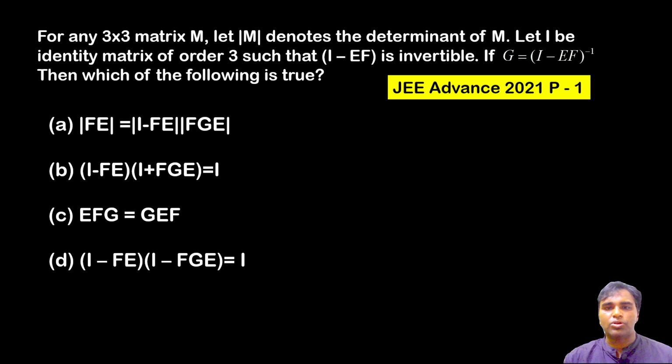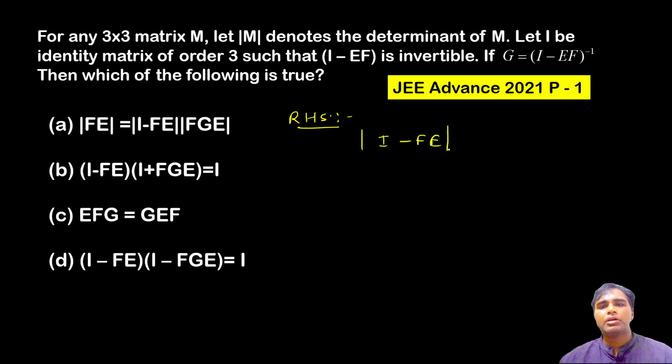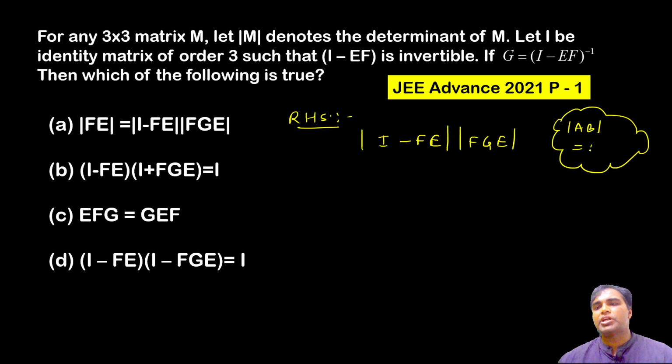Now let's check the A option also. You can see how we should proceed, that is the main thing. So what I will do, I will take the RHS, because RHS we can solve better. So it will be (I minus FE) multiplied with the determinant of FGE. Now we know a property, right? What is the property? The determinant of AB is mod A into mod B, if the orders are the same, square matrices, right? So now the reverse process I can also do. So I minus FE multiplied with the FGE determinant.